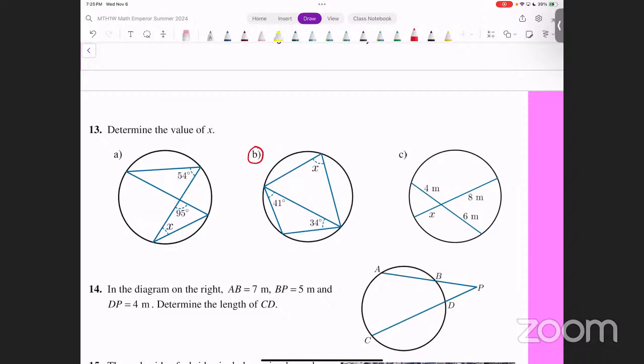Anyone else have an answer? Anyone else have an answer? I have an answer.